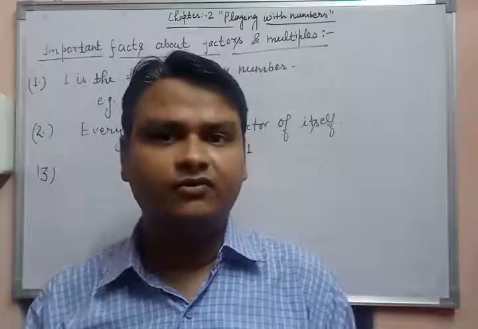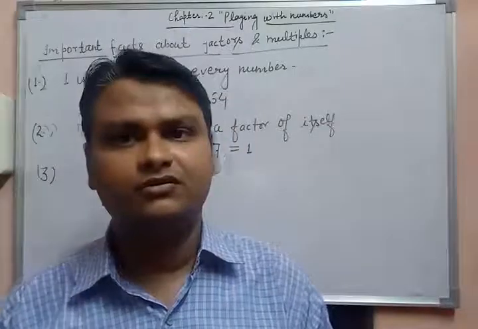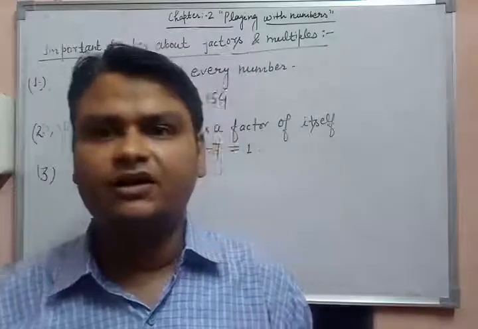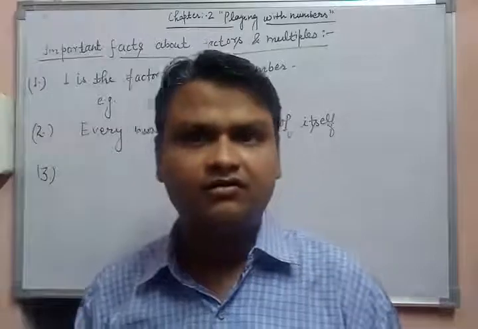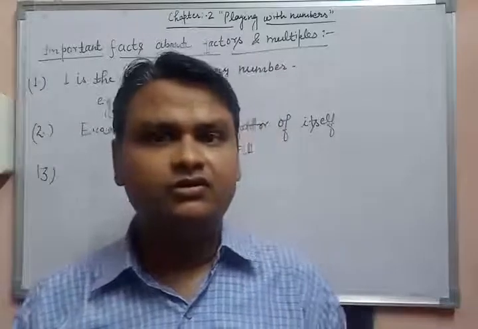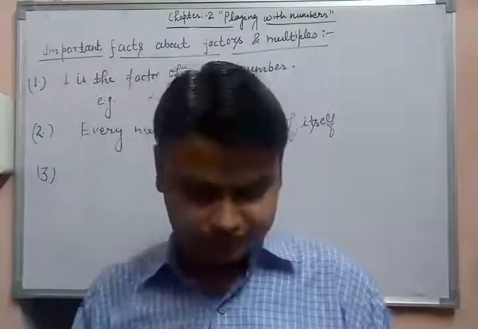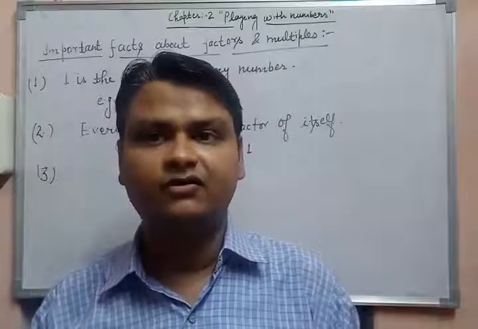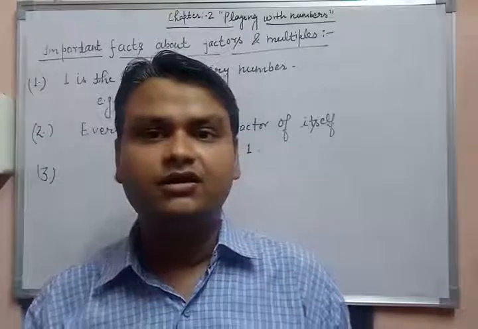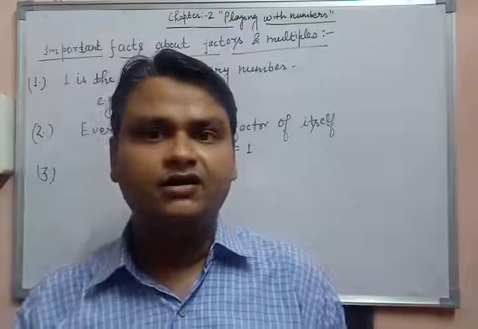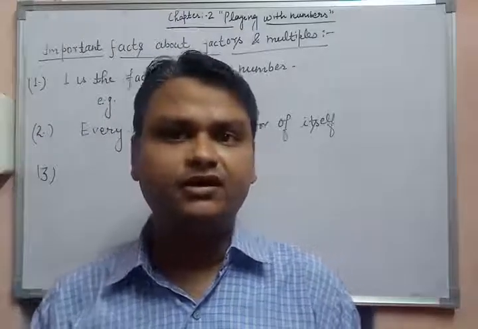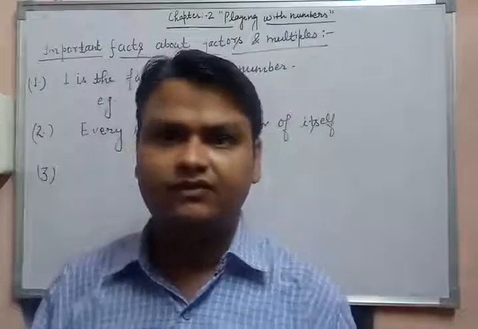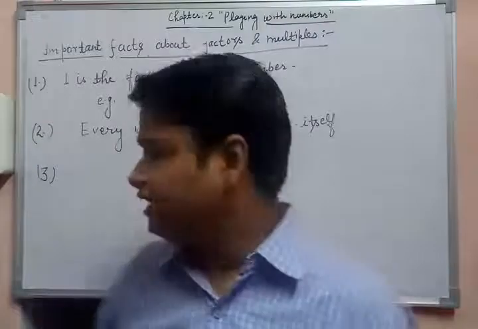It has 3 factors, because the possible factors of 4 are 1, 2 and 4. So this shows that 4 has the possible factors 1, 2 and 4. So this is the third fact.